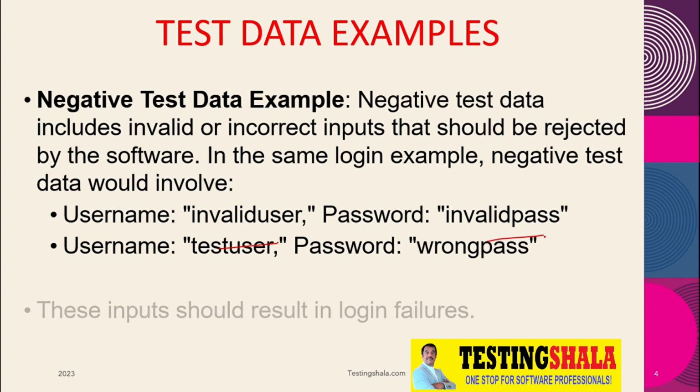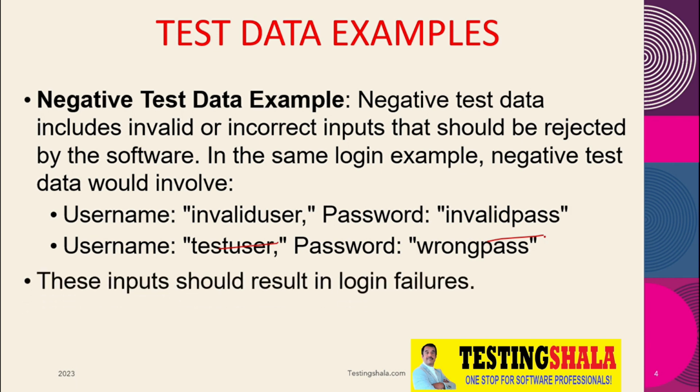As part of these negative test cases, we should clearly observe the error messages, and you should not log into the application even when you give negative test data. That is very crucial to test.